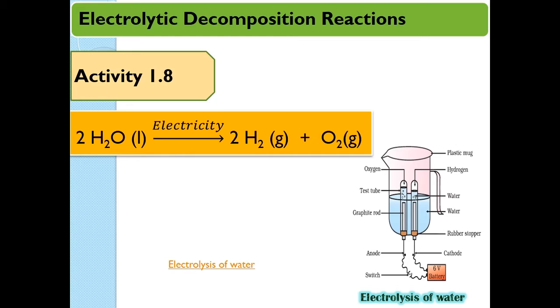Fill the mug with water such that the electrodes are immersed. Add a few drops of dilute sulfuric acid to the water. Take 2 test tubes filled with water and invert them over the 2 carbon electrodes. Switch on the current and leave the apparatus undisturbed for some time.